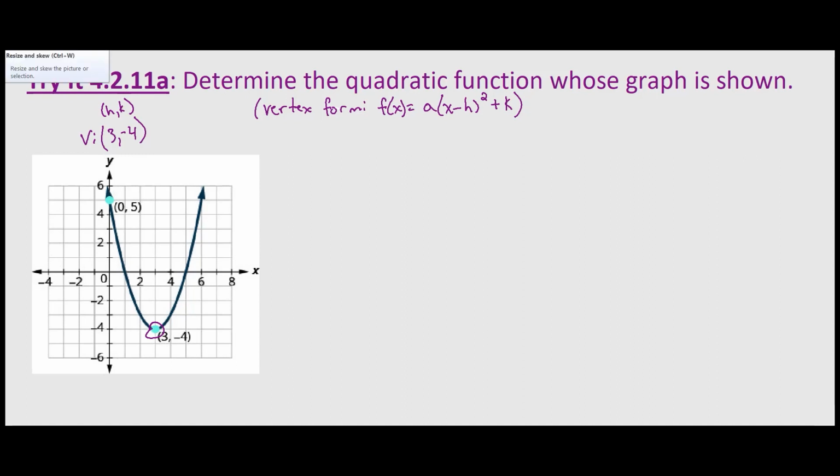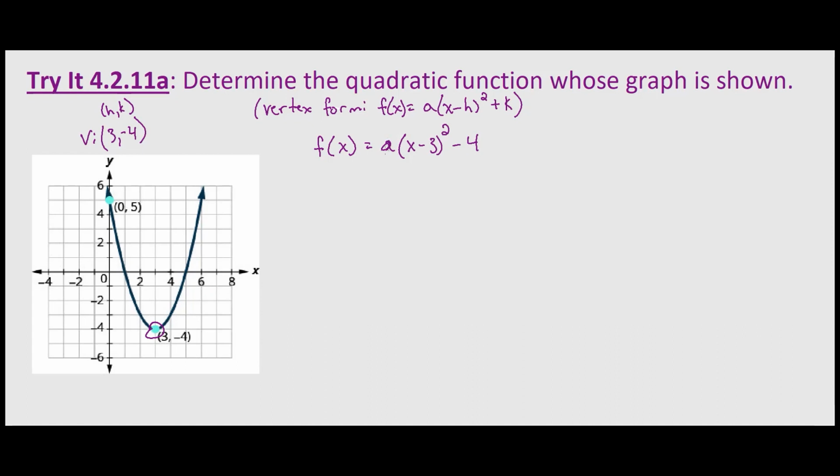So let's put that into our equation. f of x equals a times (x minus 3) squared. We could say plus -4, or we could just say minus 4. Those are both the same thing, as long as we recognize that it's from the vertex at (3, -4).